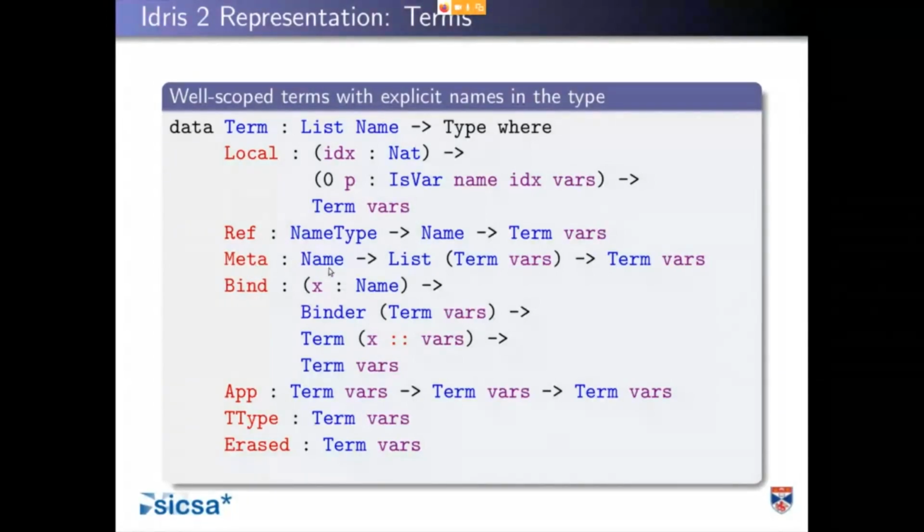But we have meta variables. Meta variables are some name that the system invents for your underscore applied to the current context. So when you solve the meta variable, you have the context in which that meta variable is defined available. So that's what this list of arguments is. We apply a meta variable to the context. And then the final interesting bit.